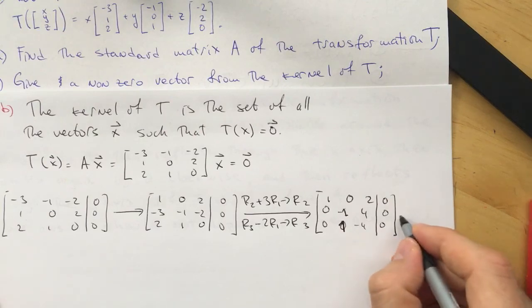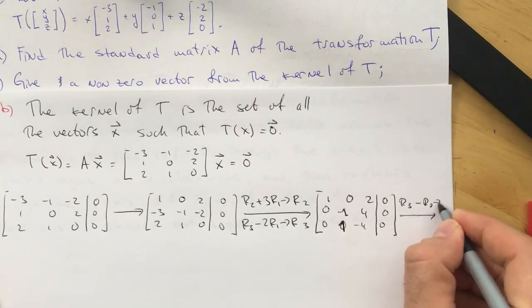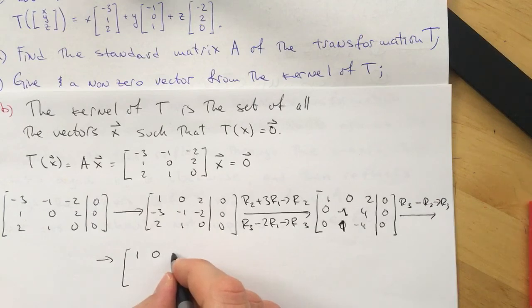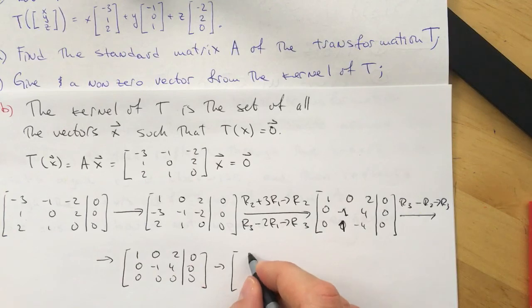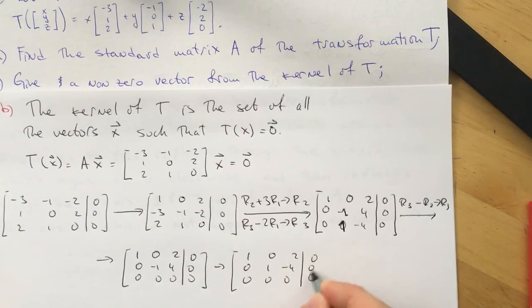Okay, and now if you have row 3 minus row 2 becoming row 3, we get the matrix. Or just multiply the second row by negative 1: [1, 0, 2 | 0; 0, 1, -4 | 0; 0, 0, 0 | 0].